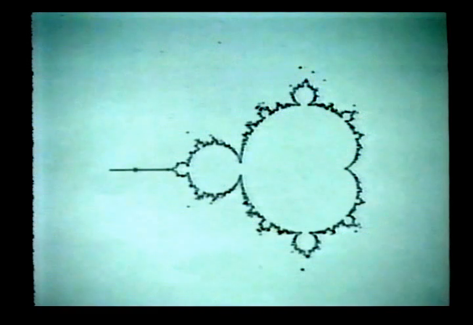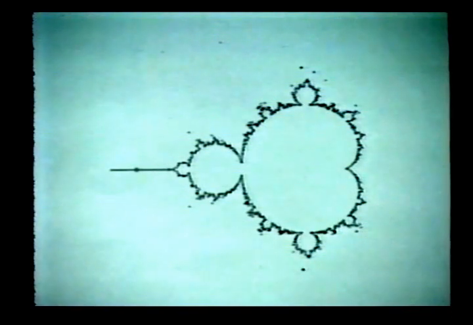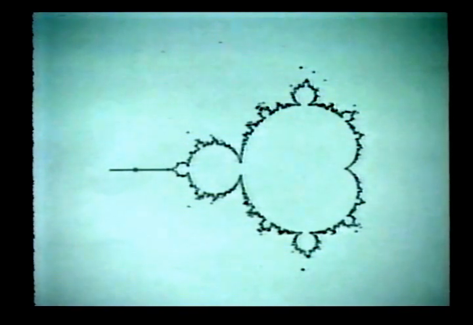So it turns out that that's the meaning of the little bulbs or decorations that hang off the Mandelbrot set. Each c value in a given bulb has essentially the same dynamics. In particular, all of the c values in one of those decorations are attracted to a cycle of some given period.